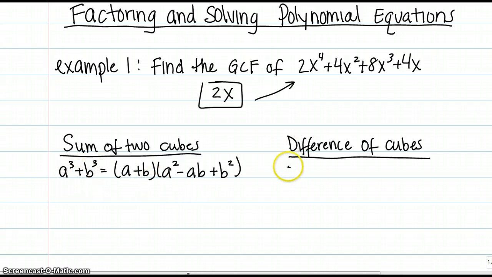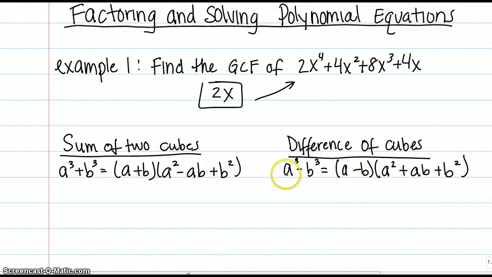So there's a slightly different formula for the difference. If I have a cubed minus b cubed, our formula changes just slightly. So it becomes a minus b times a squared plus ab plus b squared. So a and b are whatever numbers or variables or letters that they give us in the original problem.